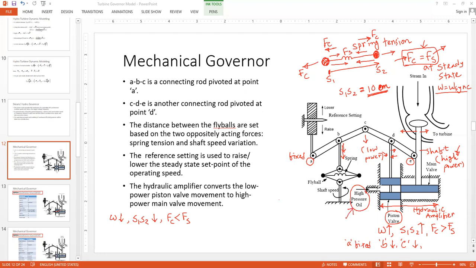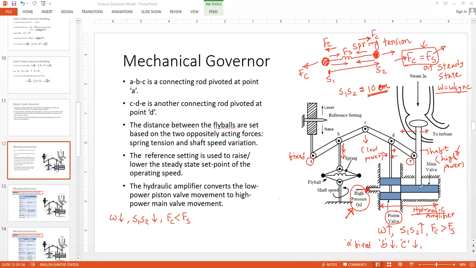How it actually works, we will discuss in detail in the next class, not today. But it is a hydraulic amplifier because it works with high pressure oil movement through the chambers. In the next class, I will explain how the high pressure oil moves through the channels and how it moves the valve.